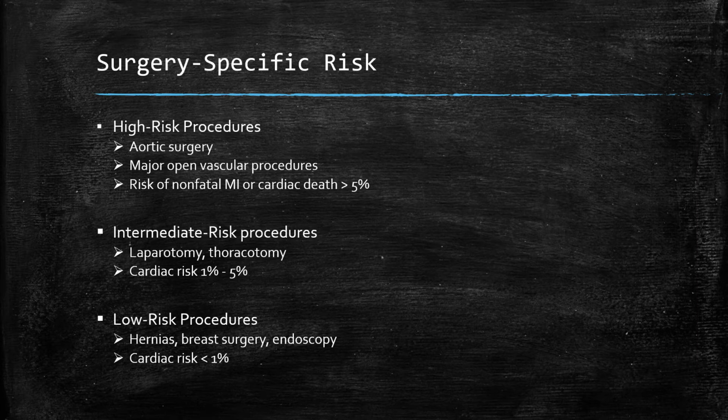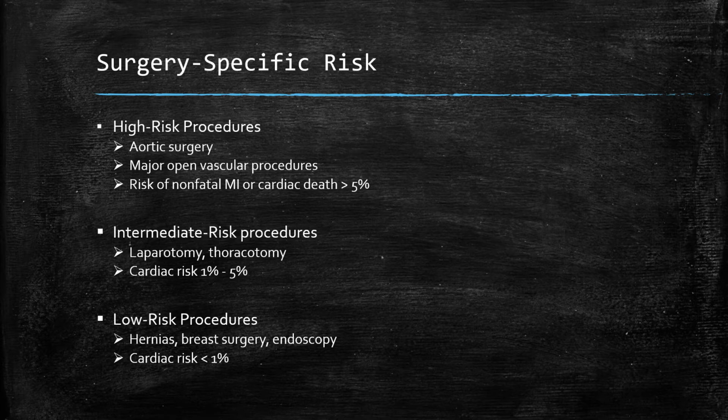Besides the patient-specific risk factors that we have been discussing so far, the type of surgery to be performed is also an independent cardiac risk factor. High-risk procedures include aortic surgery or any major open vascular procedure, and they have a risk of non-fatal MI or cardiac death that is greater than 5%.